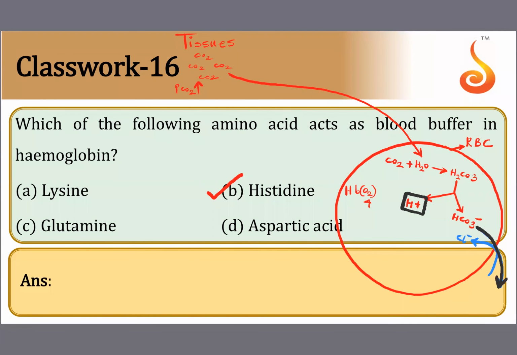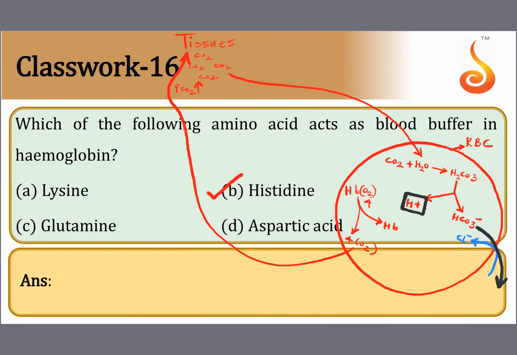Now this H plus goes and binds to this hemoglobin, which will give away this oxygen. It will become a free hemoglobin molecule, and the 4 molecules of oxygen are given to the tissue, because the tissue is dying for oxygen now.